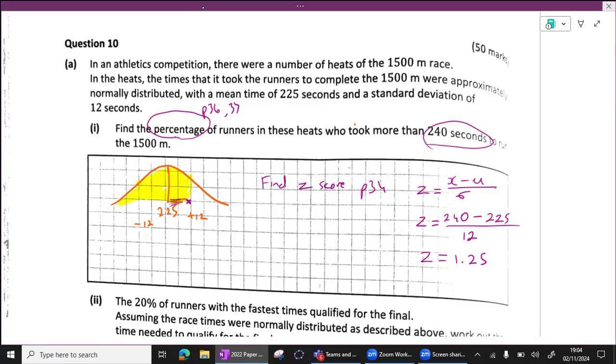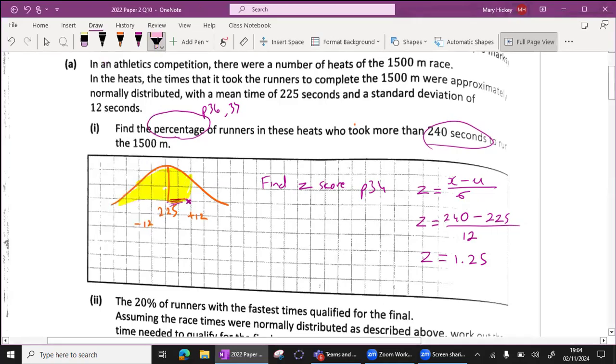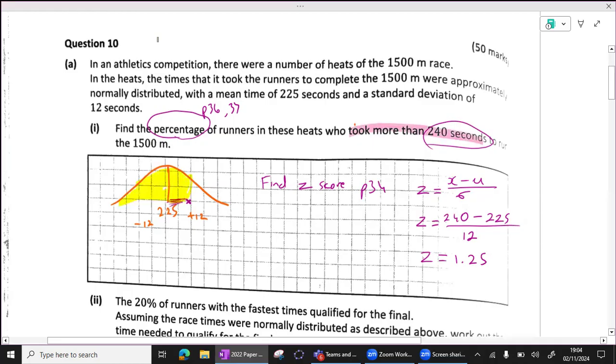But the question is actually asking how many runners took more than 240, so I'm interested in the pink section. I'm going to use my z-score of 1.25 to get the yellow section, and then, to get the pink, it would be 1 minus the yellow. 1, of course, is the whole thing always.